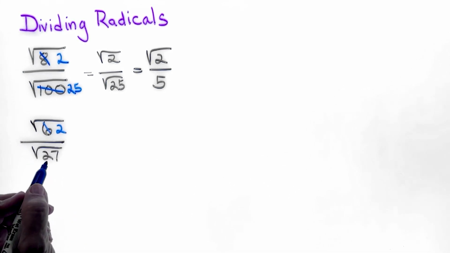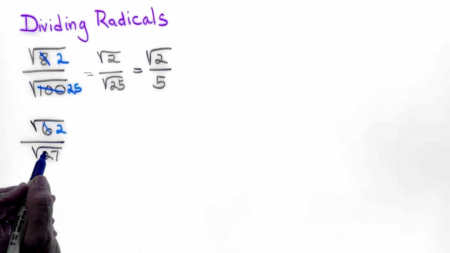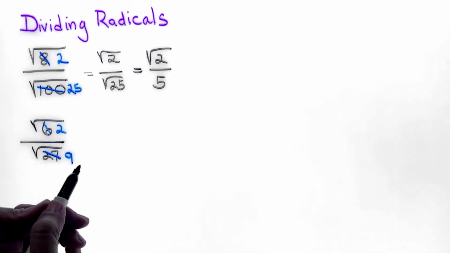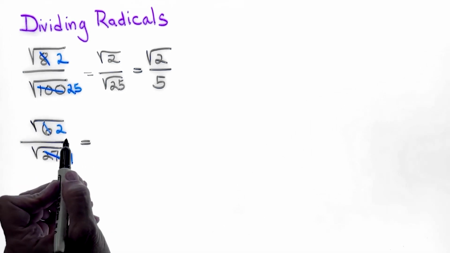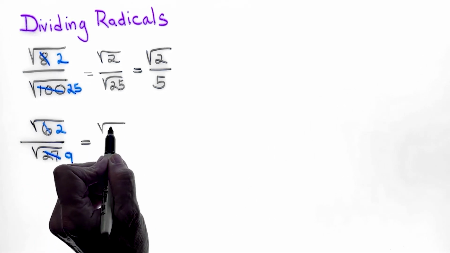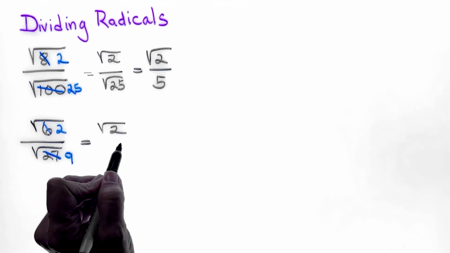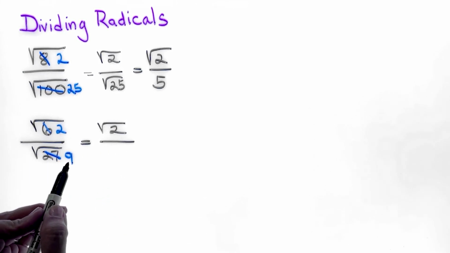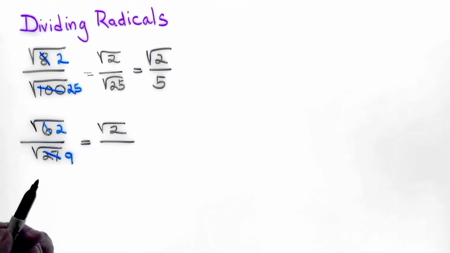I'm going to divide my 27 by 3, and it is now a 9. So now my numerator is the square root of 2, which is in simplest terms. My denominator is the square root of 9. Well, we know the square root of 9 is equal to 3. So my answer is the square root of 2 over 3.